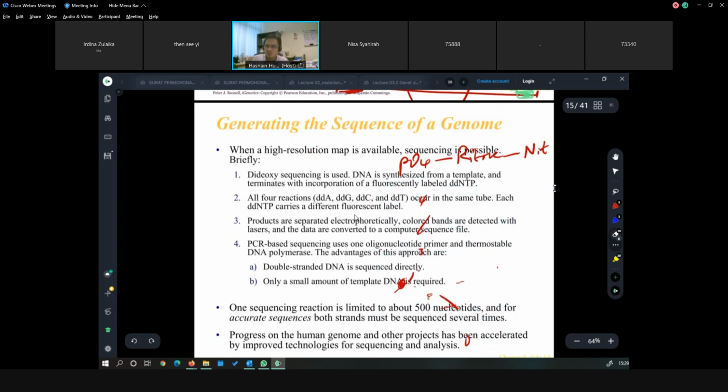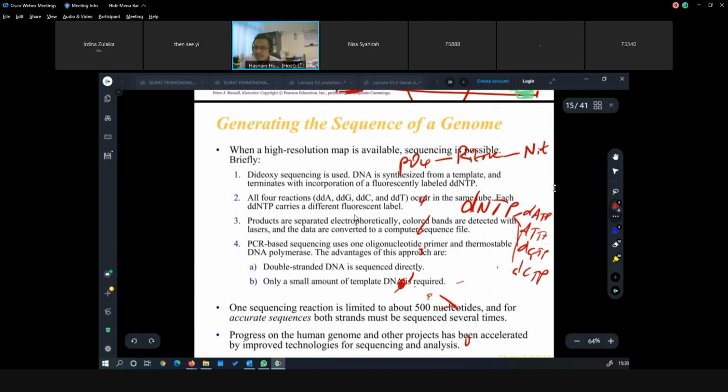Okay, so that is why in the sequencing method, in addition to the normal nucleotide that is floating around, which you call DNTP, DNTP consists of what? DATP, DTTP, DGTP, and DCTP.